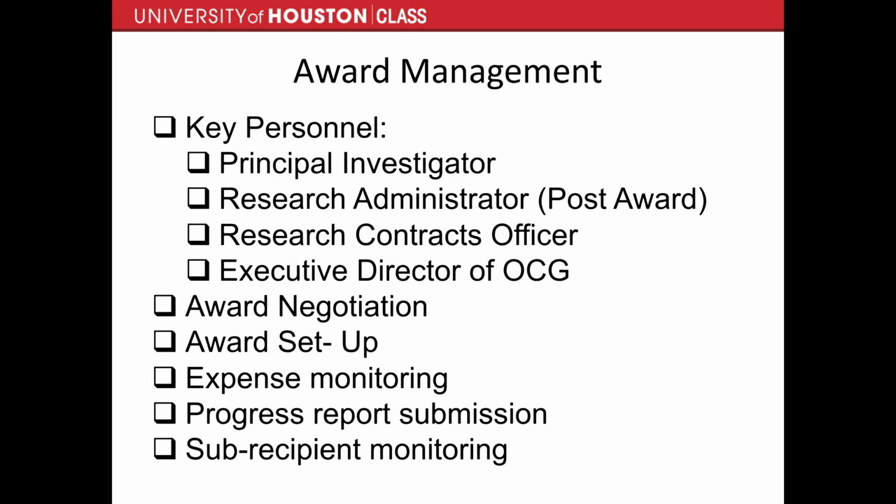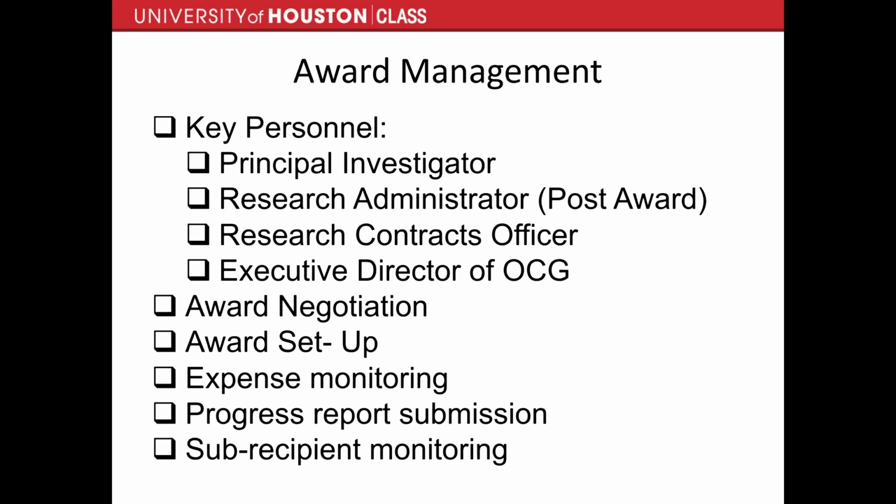They'll also assist you with expense monitoring and progress report submissions. So with the expense monitoring, it'll be the principal investigator involved, the post-award admin person involved, as well as your department business administrator.